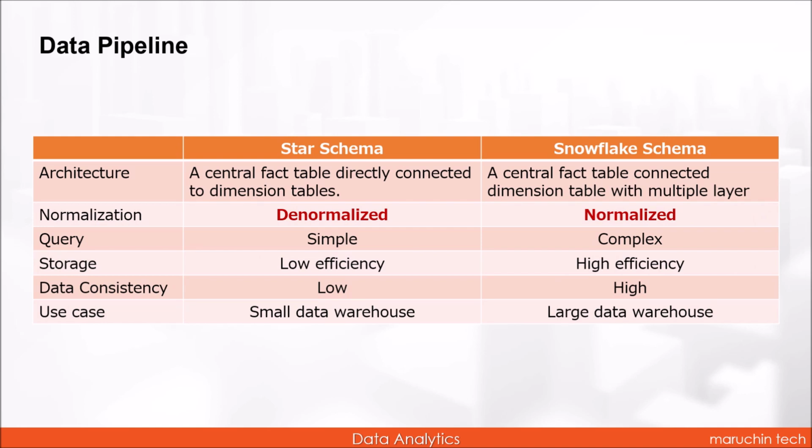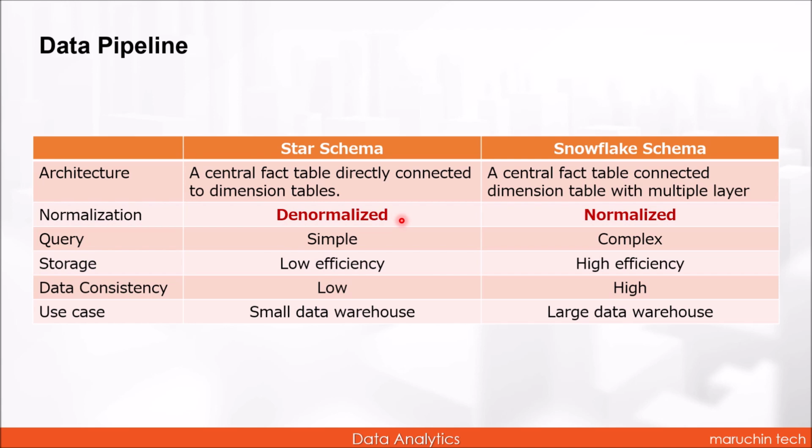And this table shows the difference between the star schema and the snowflake schema. A star schema has a central fact table directly connected to the dimension tables. The tables are denormalized, making them good for simple queries.